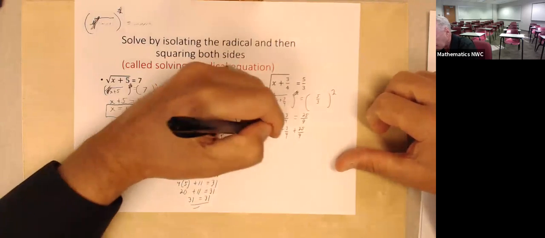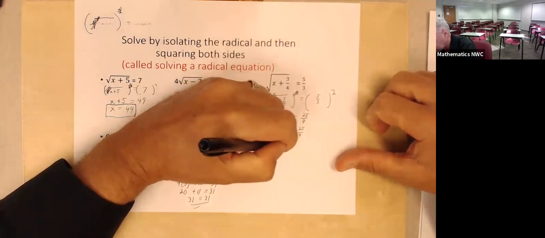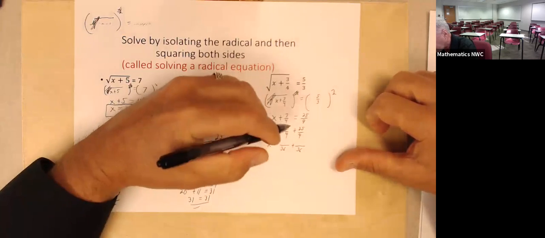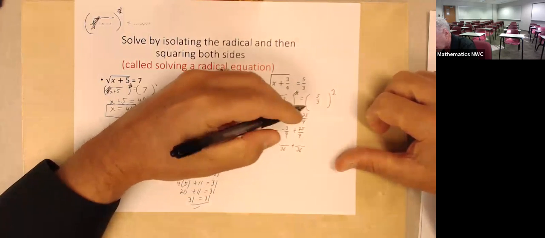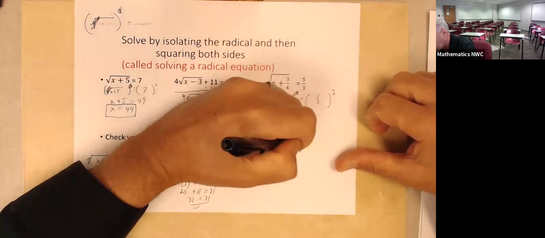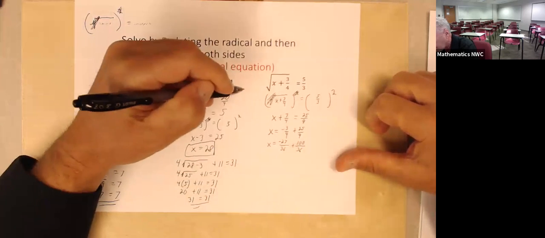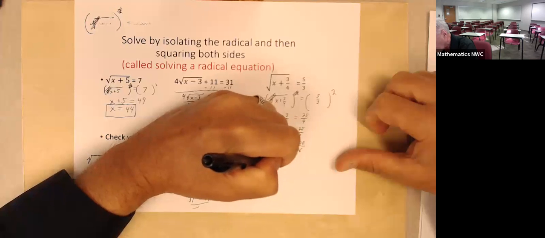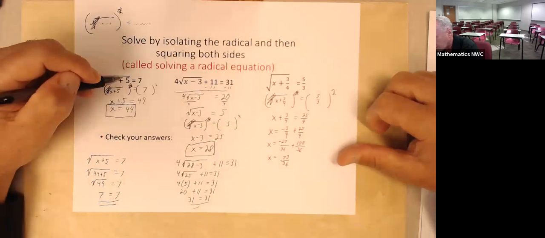Need to get a common denominator. 36. This was taken times 9, so I take the 3 times 9. This was taken times 4, so I take 25 times 4. And I end up with 73 over 36 for my answer.